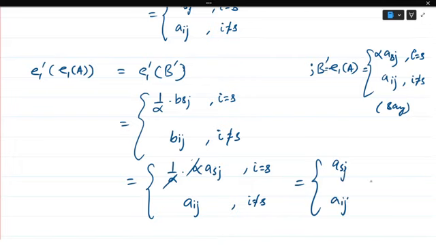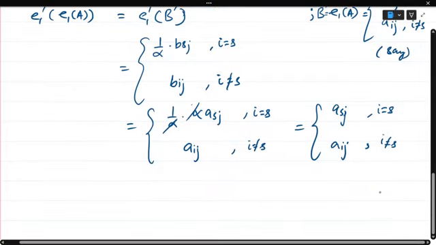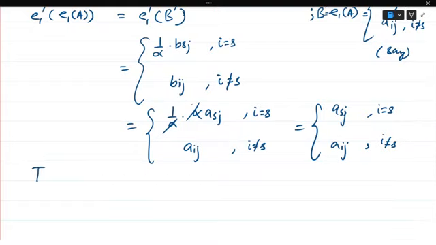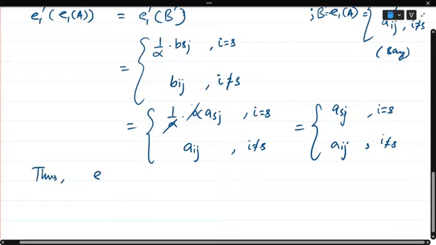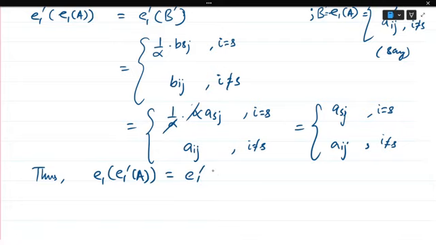So therefore one can conclude that the elementary operation from E1 to E1 prime, or if we take E1 prime to E1, both are the same. Thus it concludes that E1 over E1 prime of A is equivalent to E1 prime over E1 of A. Hence proved.